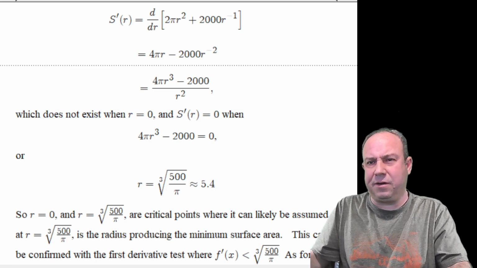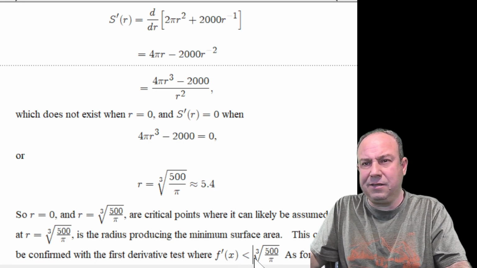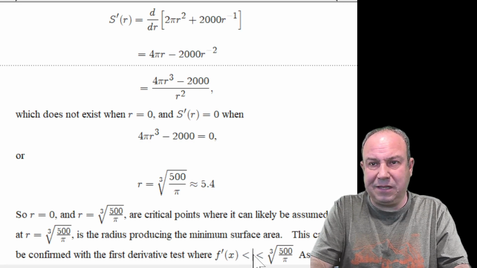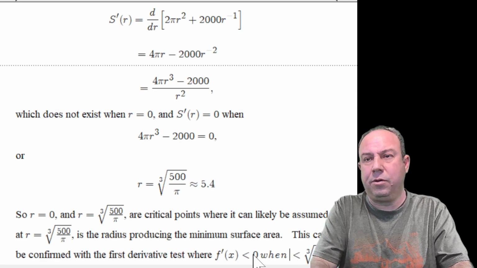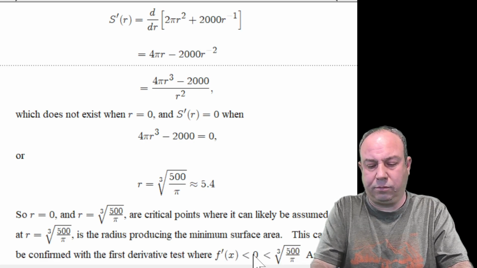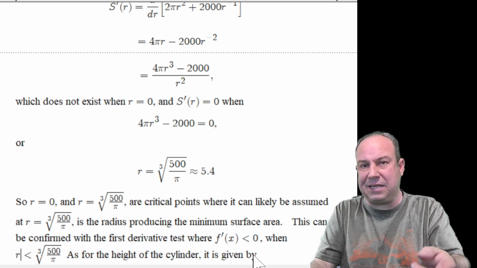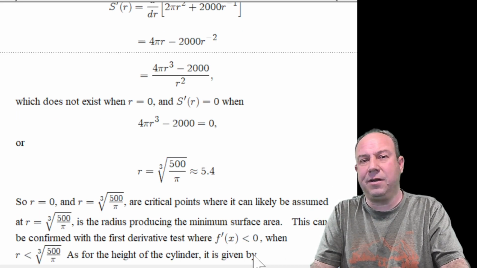Ooh, I should be careful there. Is less than 0 when our radius is less than that, right?